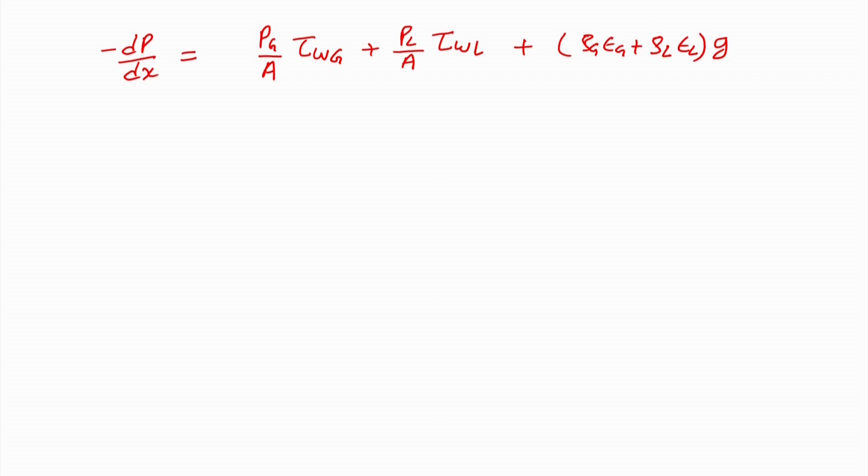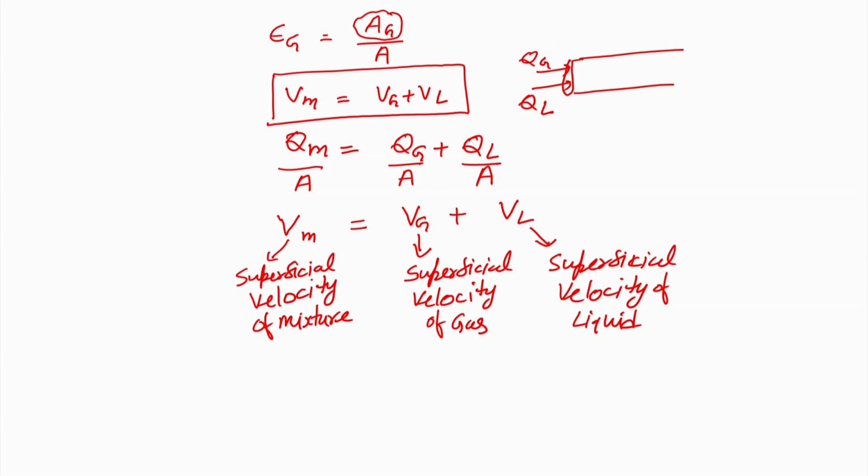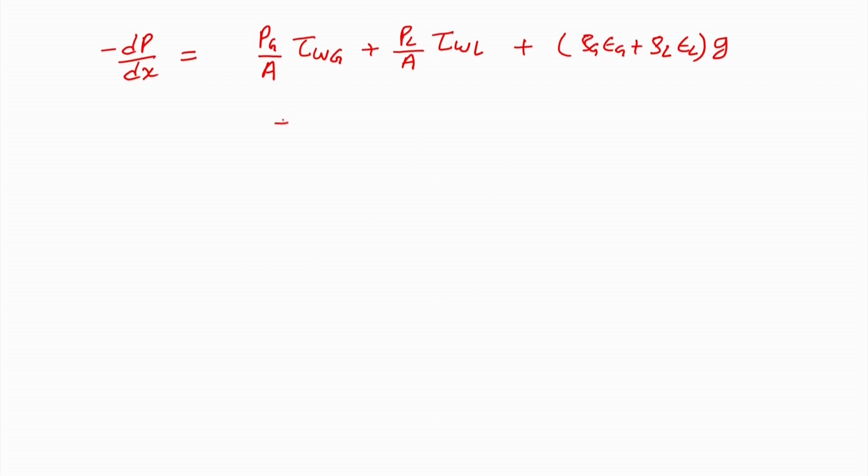So this will be rho g epsilon g plus rho l epsilon l, and then we have to write the momentum term or acceleration term, which we will write as d by dx. We are writing it in terms of the velocity of gas. Ideally, it should be the liquid velocity inside, but we will write it as Vg right now. If you write it in terms of Vg, you have to write V into dV upon dx.